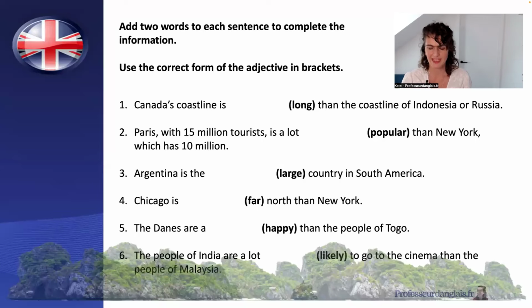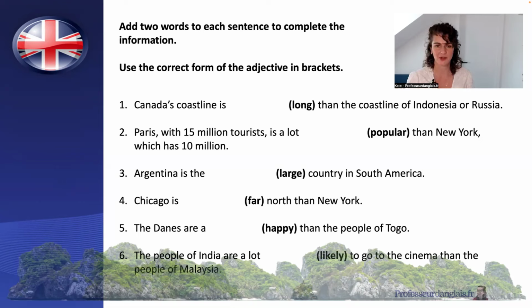Okay, let's have a look at this exercise. I want you to complete each sentence with the correct form of the adjective in brackets. It might be the superlative form, it might be the comparative form. This will also test your general knowledge. If you need to, pause the video and then restart when you're ready.